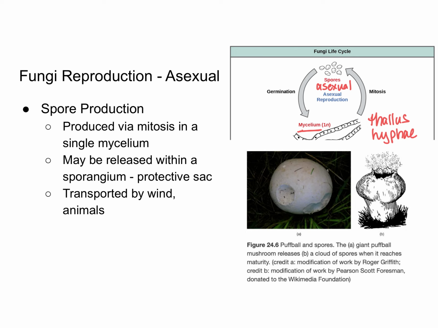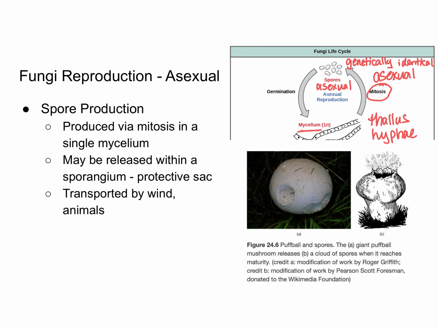The cells of the mycelium can go through mitosis. Remember, mitosis is a form of asexual reproduction, to produce these spores. And one thing to keep in mind with asexual reproduction is that these spores are genetically identical to each other and also genetically identical to the original parent cell.